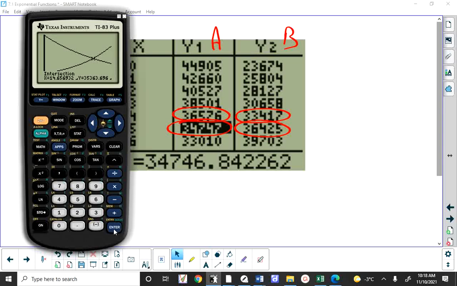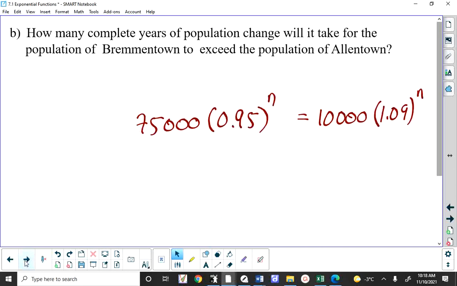But if it says after how many complete years, you have to wait till the end of the full year for it to happen. Well, you don't wait till the end of the year, but we want to know how many complete years. If the question said rounded to the nearest tenth, you would just round that number to the nearest tenth. Very general introduction to exponential functions.